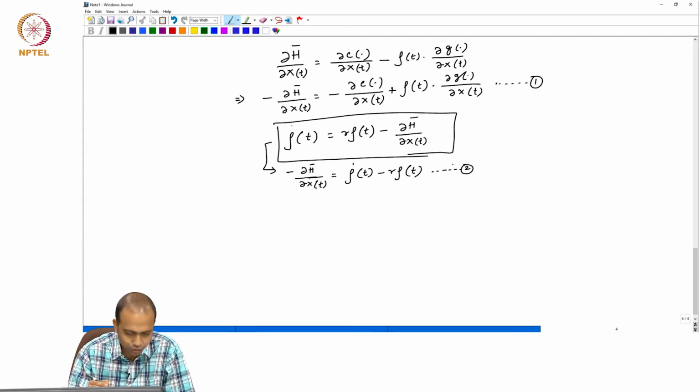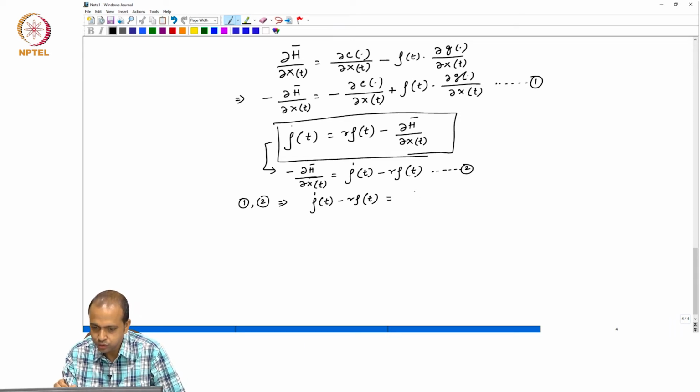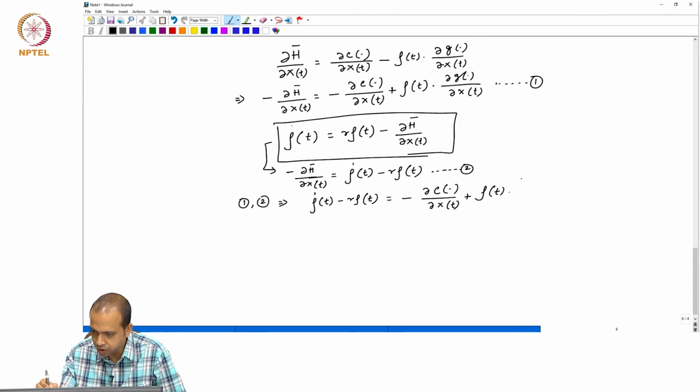So, from equations 1 and 2, I can write that rho dot t minus r into rho t equals minus del c del x t plus rho t into del g del x t.